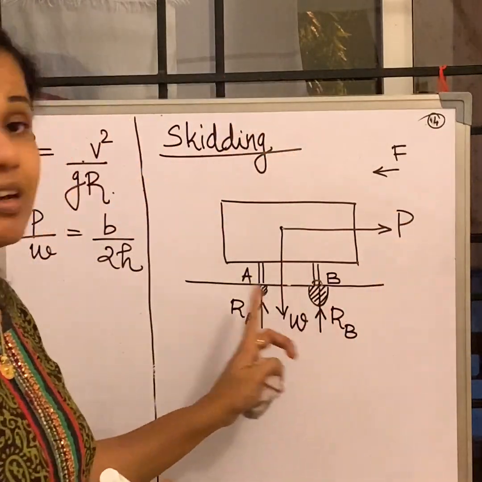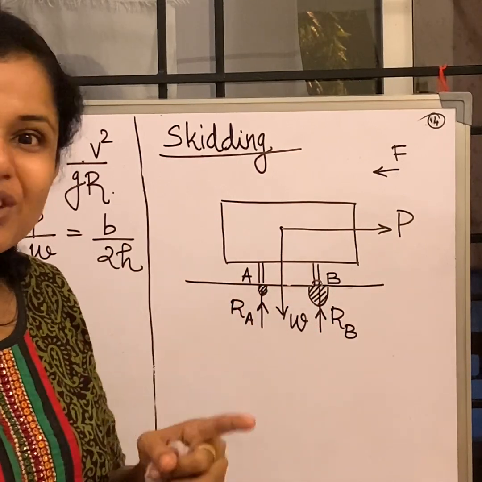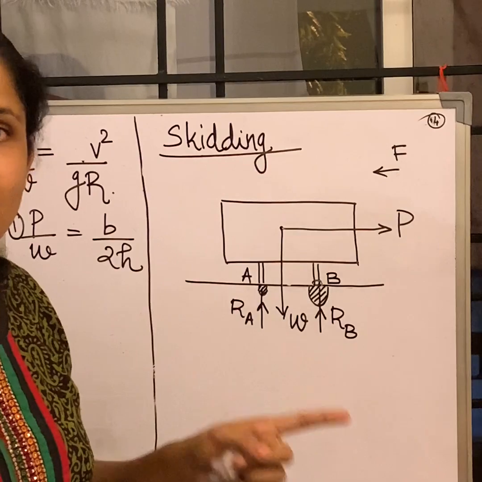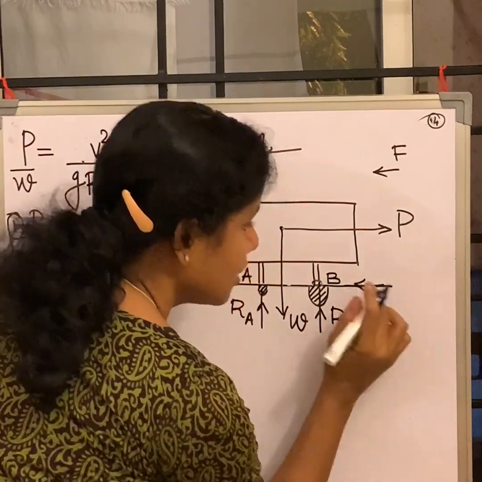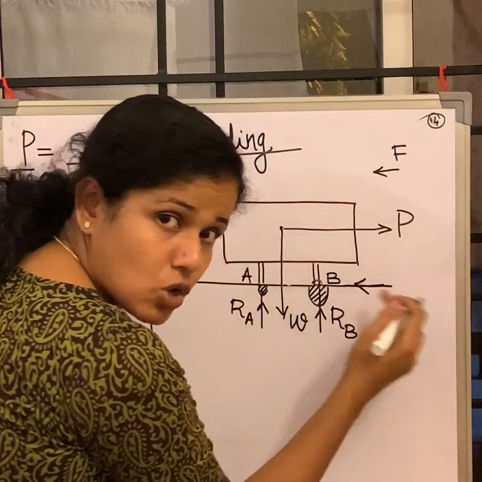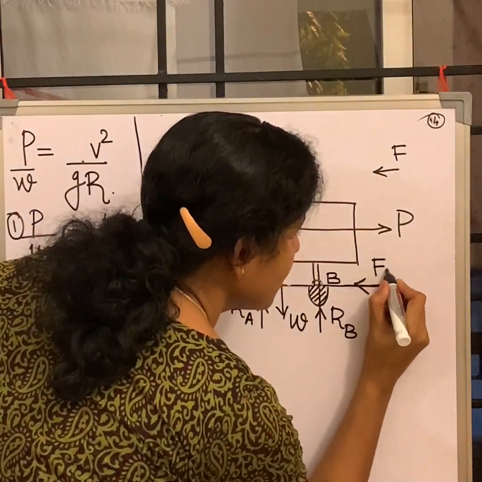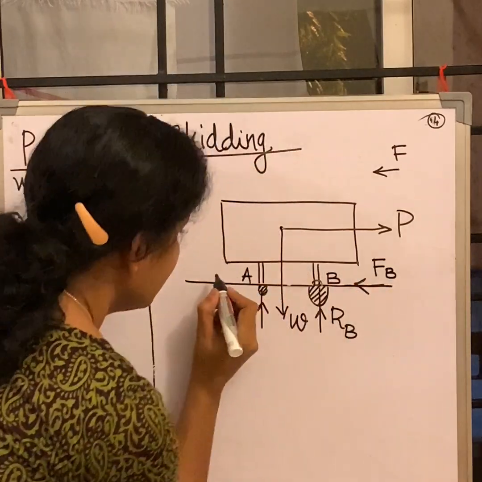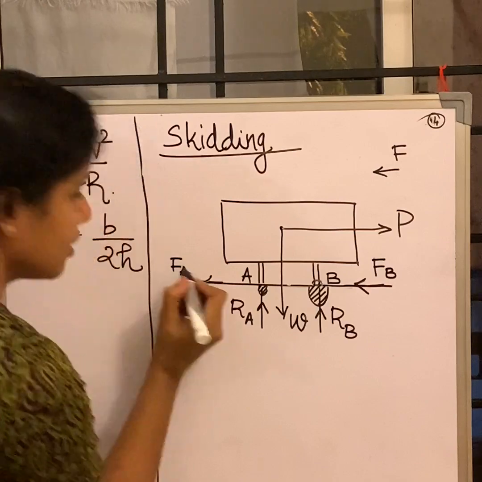Since the reactions developed are different at different places, I am going to write friction developed at B and friction developed at A. Please note that I am marking this opposite to the direction of P. So I get my frictional force FB here and frictional force FA here.